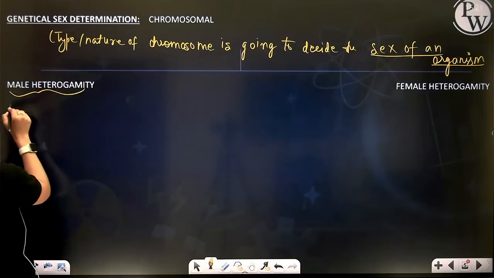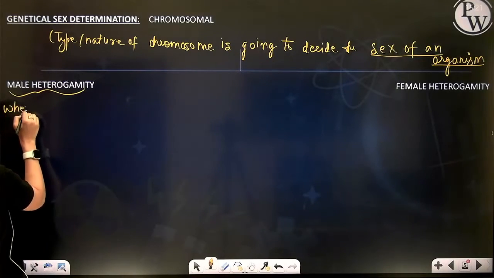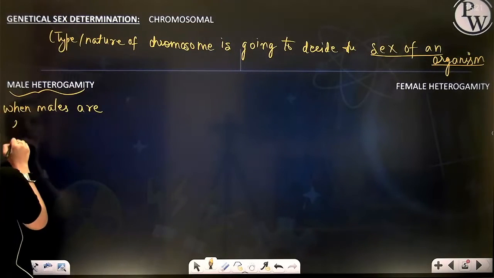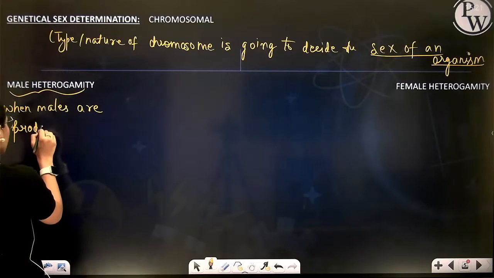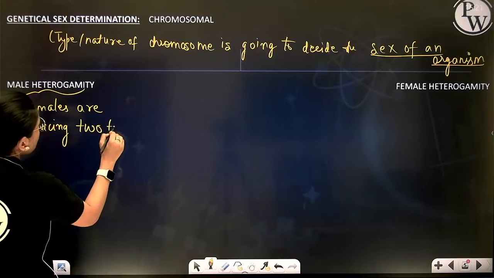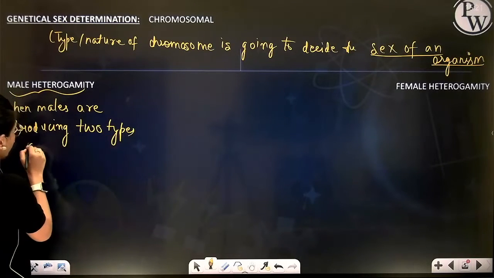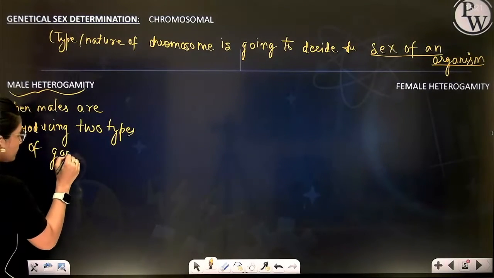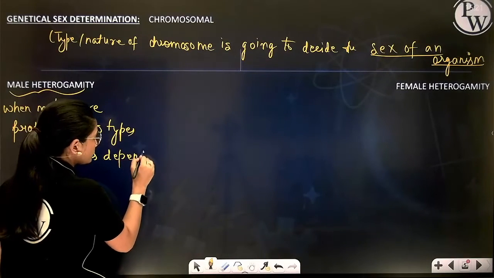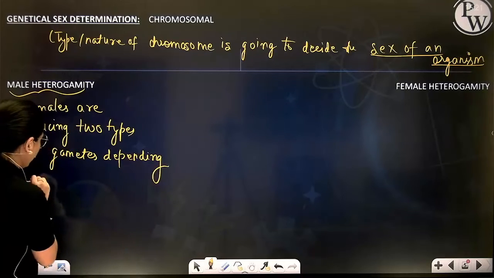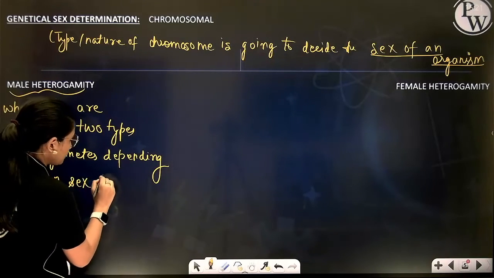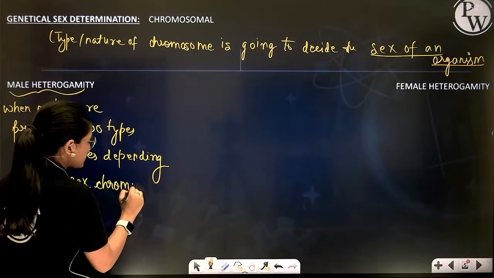Male heterogamety, beta, means when males are basically producing two types of gametes depending upon sex chromosome.